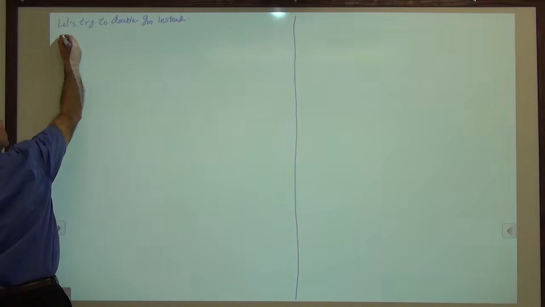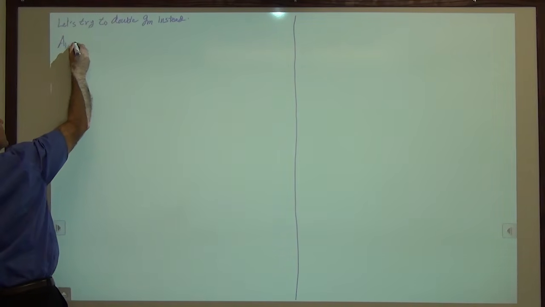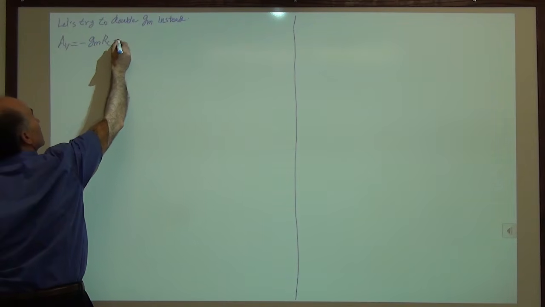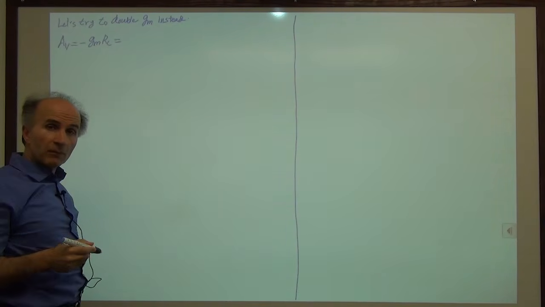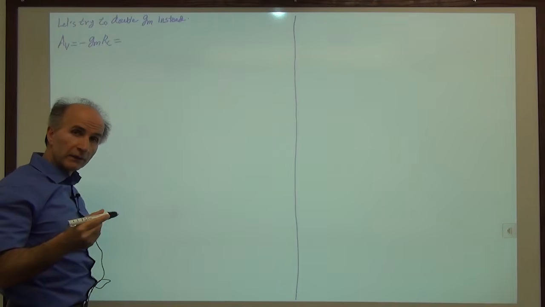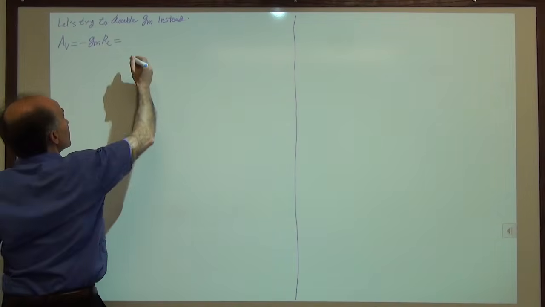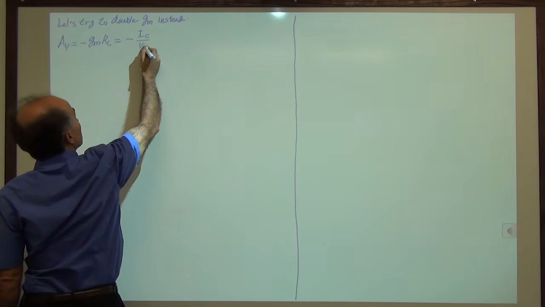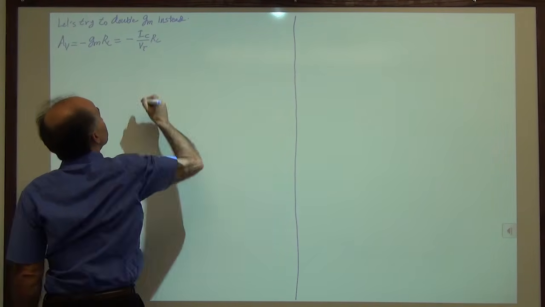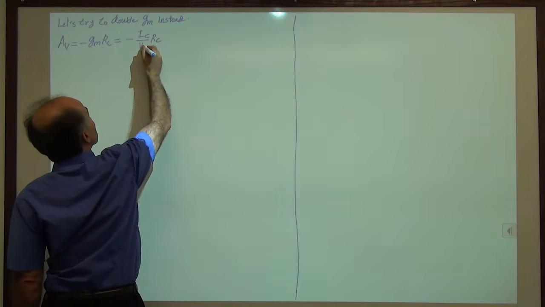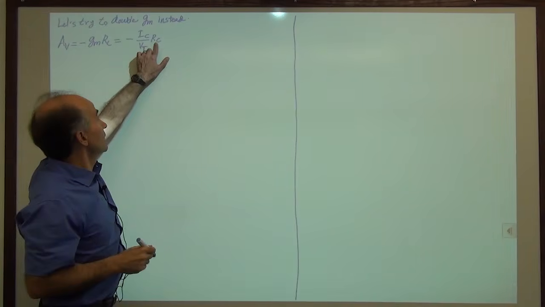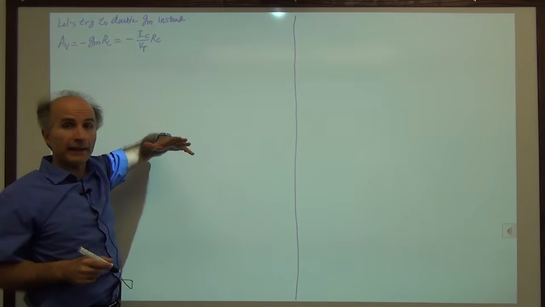Okay, so this is what we have. AV is equal to minus GM times RC. And we know that GM is given by the collector bias current divided by VT. So we have minus IC over VT times RC. And we concluded that if we just go ahead and double RC to double our gain, something bad happens.